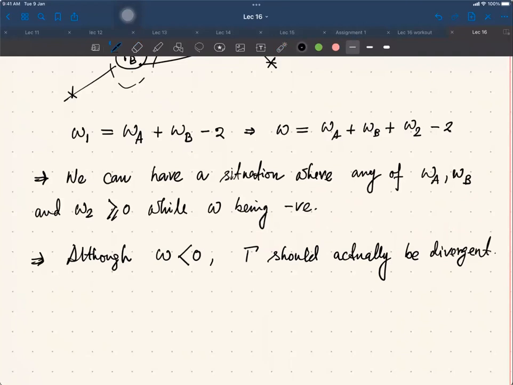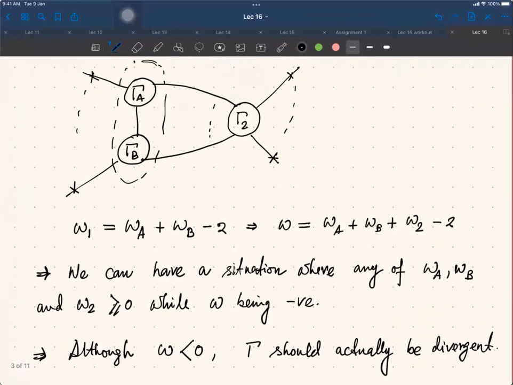Because of the arrangements of subgraphs, it is possible that certain subgraphs have positive superficial degree of divergence, but because of their arrangements within the total graph, there are certain negative contributions which offset the positive contribution coming from the subgraphs, as a result of which the total omega is negative, while some of the omegas of the subgraphs are 0 or positive.